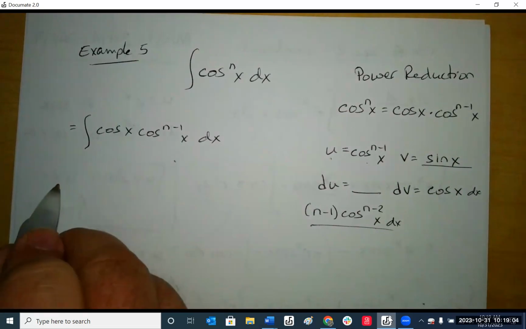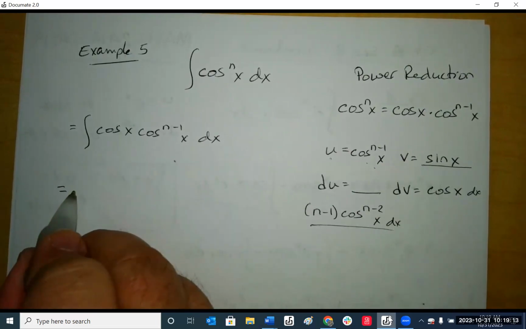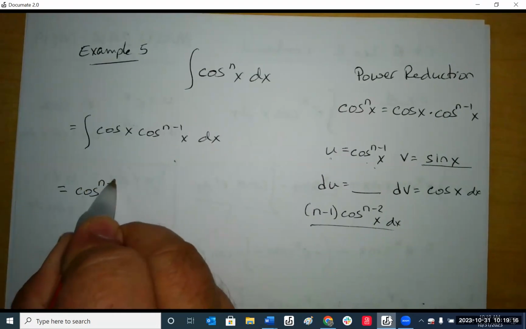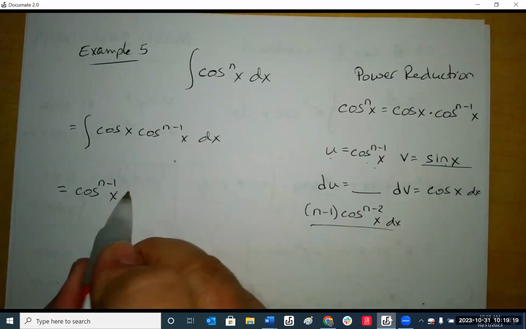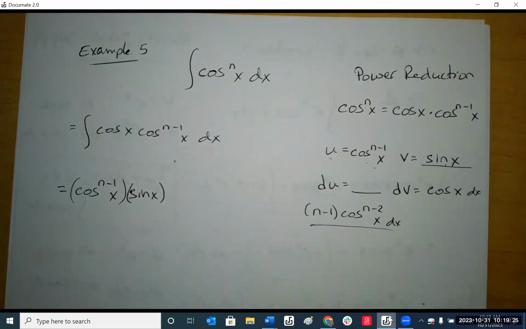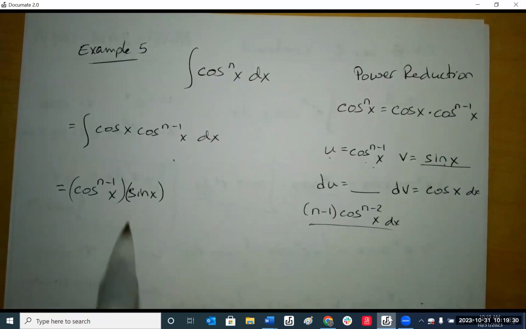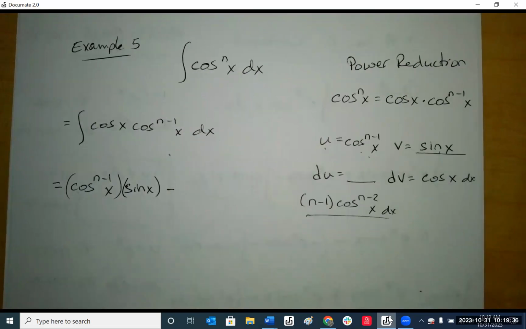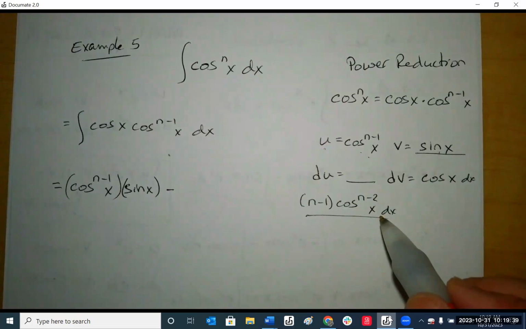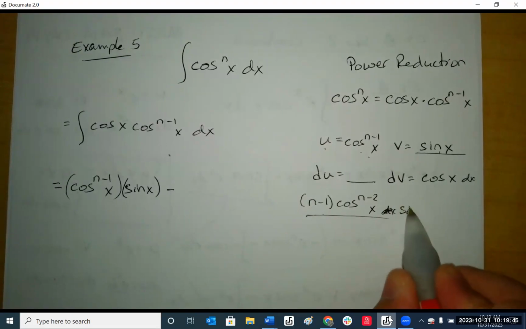All right, so now we can go ahead and do our formula, which was uv: u is cosine n minus 1 x, v is sine x, minus, hold on, I forgot the sine part.